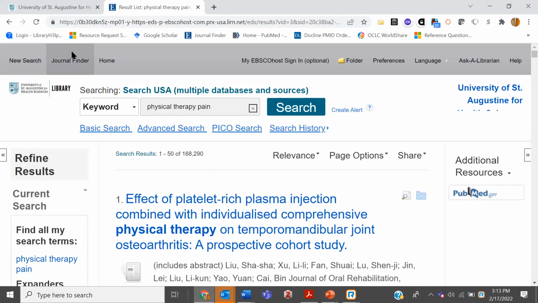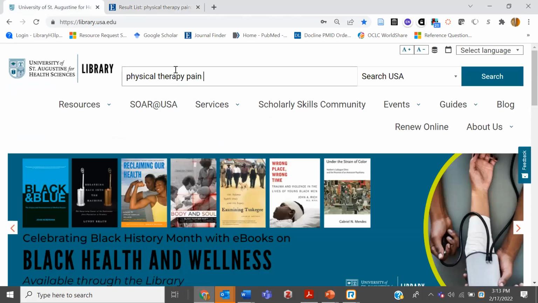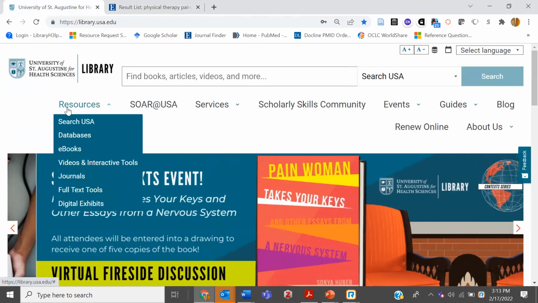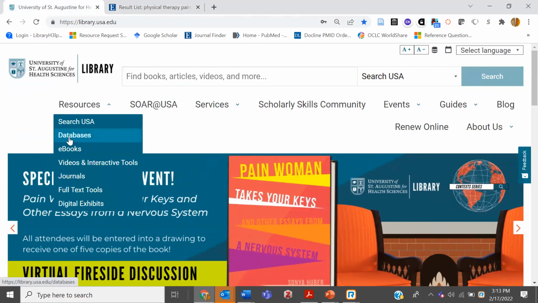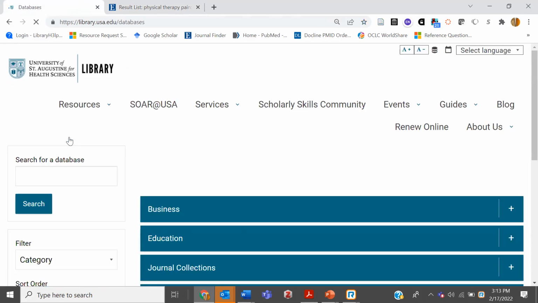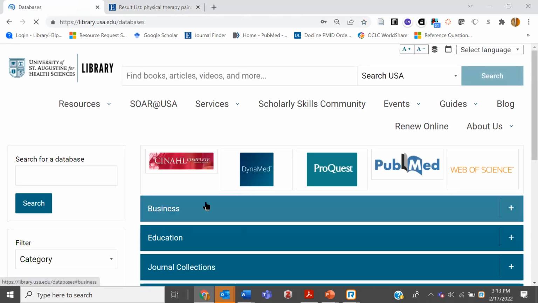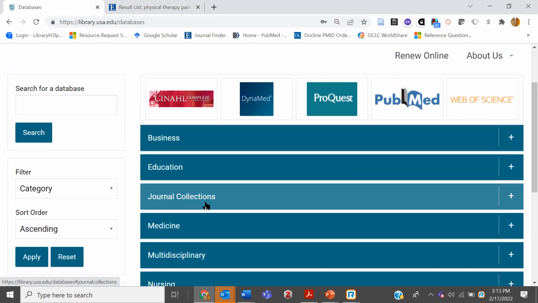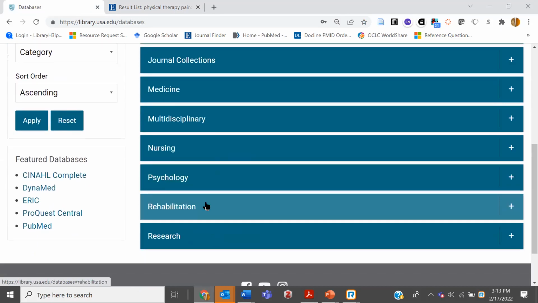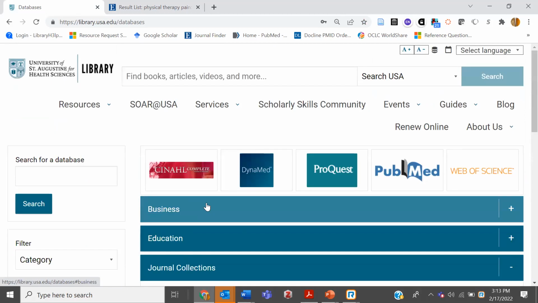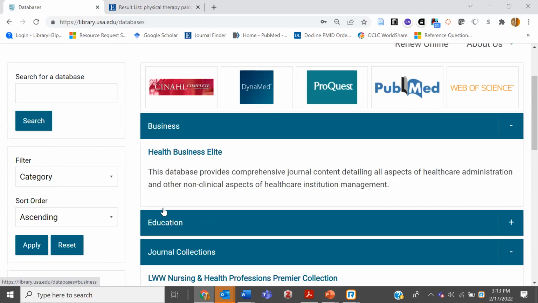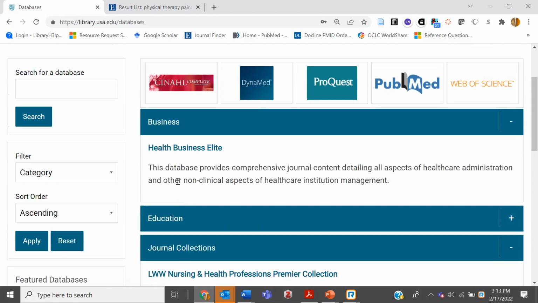Okay, so another way to look at the same idea of selecting a subject database: from the library homepage, if you choose resources and databases, you can go in here and you'll see that we have all of the indexing and database resources that we have access to through the USA Library, divided by subject.